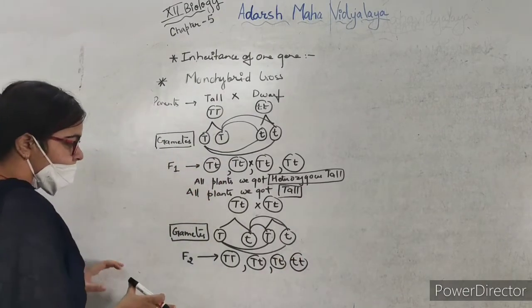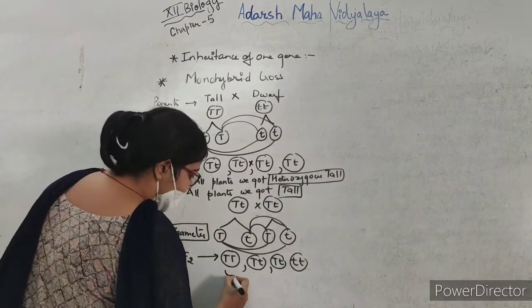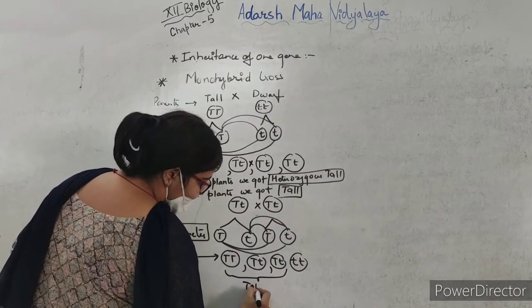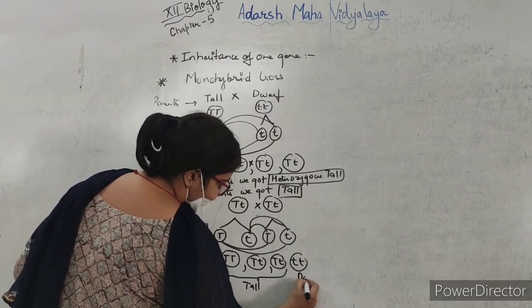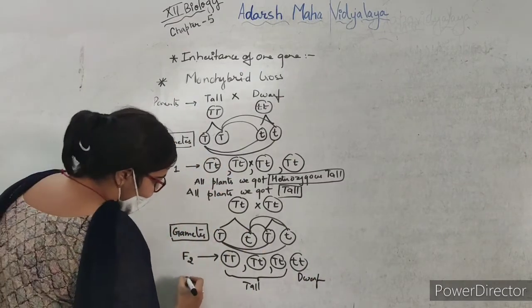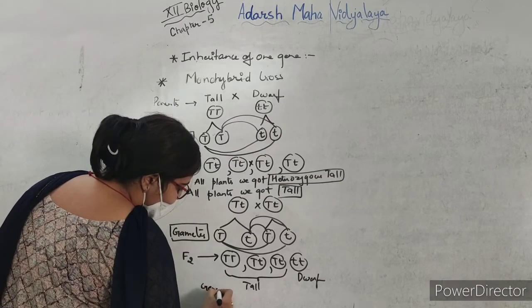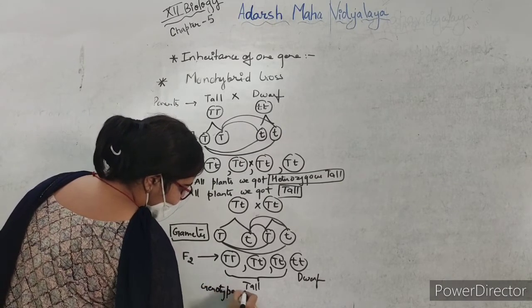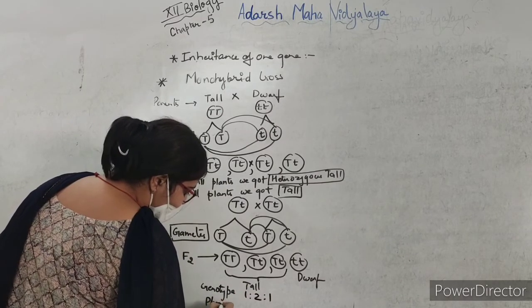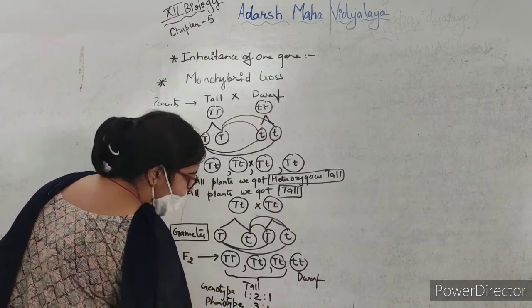So all the plants in the F2 generation were not tall. 3 of them were tall and 1 plant was dwarf. Okay, so the genotype was 1:2:1 and phenotype was 3:1.